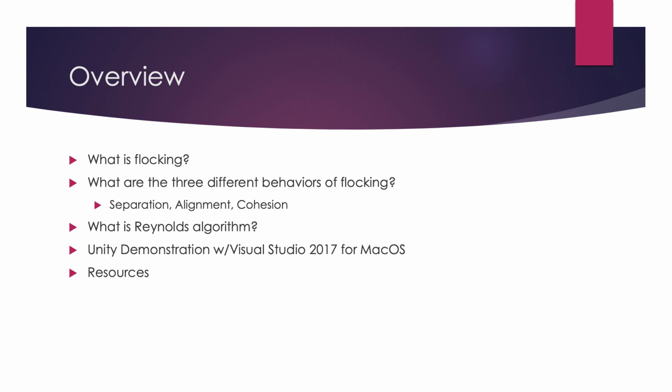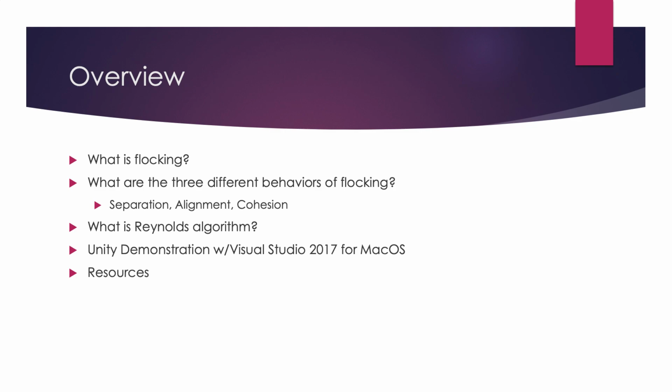As stated earlier, we're going to be going over flocking, the three different behaviors of that, consisting of separation, alignment, and cohesion, Reynolds algorithm, and then the demonstration. And then you guys can take a look at my resources, in case you are interested in reading some of the material that I had previously read myself.